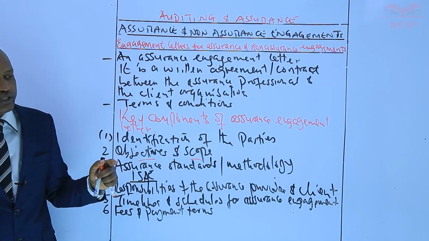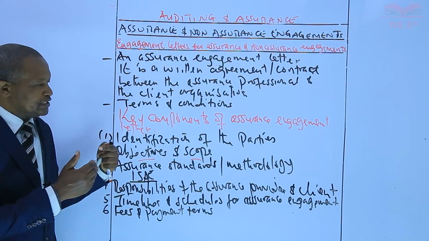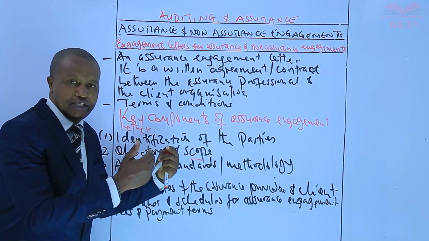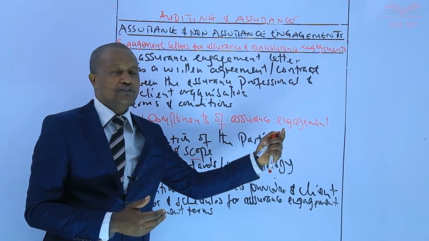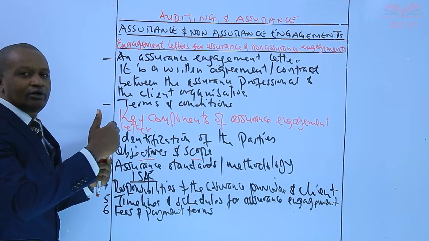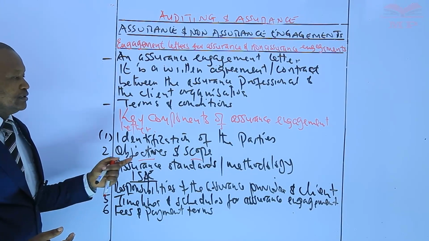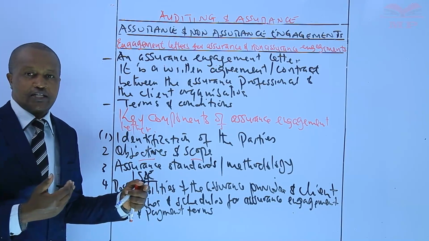There ought to also be the payment schedule. When is the assurance provider expected to be paid? Is it at the very end, after he gives an opinion, or will there be payments in between, during the period when the assurance provider does his work?